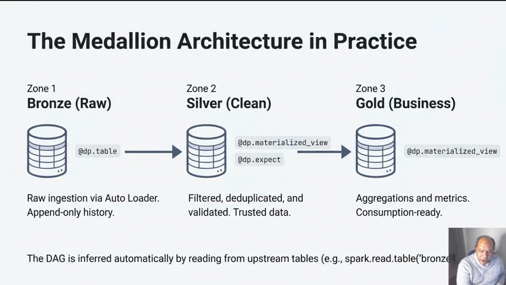And then the gold layer, this is your business ready consumption. Again, using dp.materialized_view, but in here you are creating aggregations and metrics that directly support business decisions. This is your star schemas, dimension tables, pre-aggregated KPIs, and analytics ready datasets.